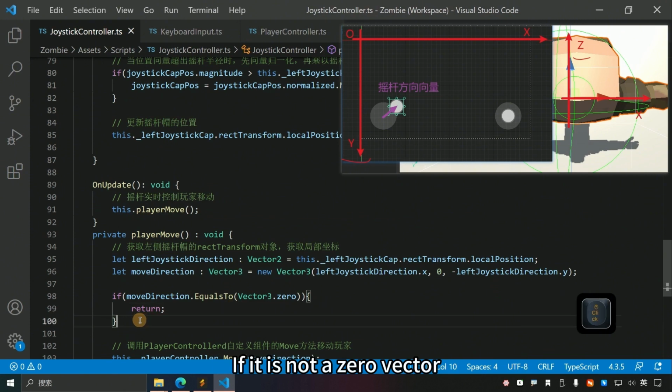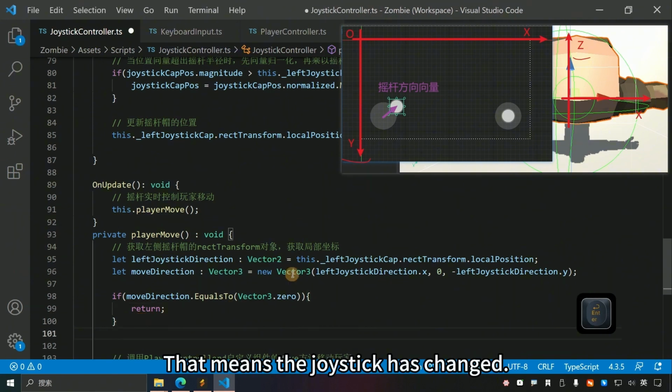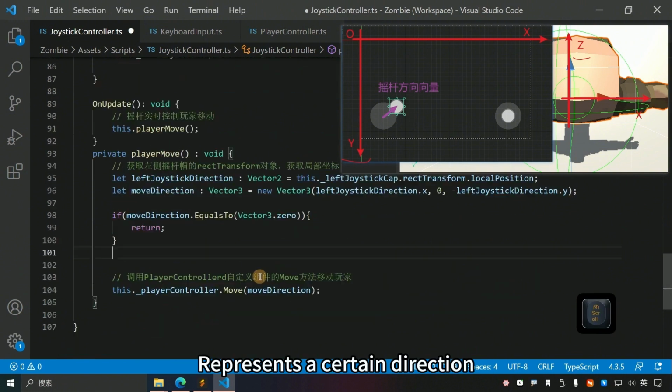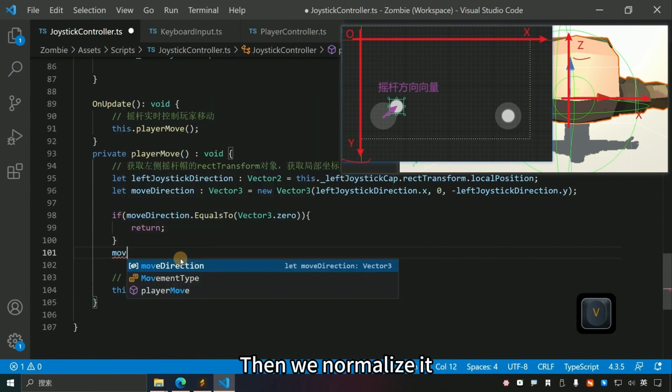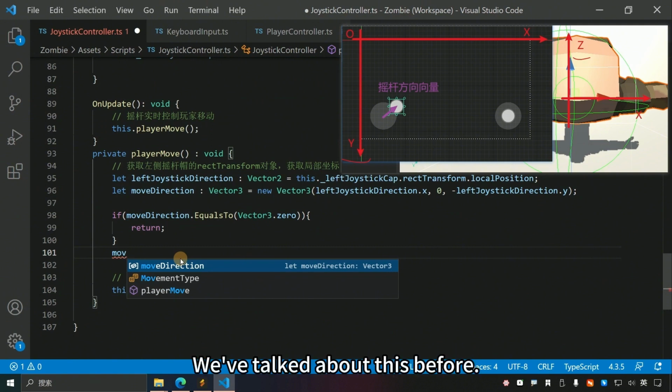If it is not a zero vector, that means the joystick has changed and represents a certain direction. We need to move the player. Then we normalize it. Why normalize? We've talked about this before.